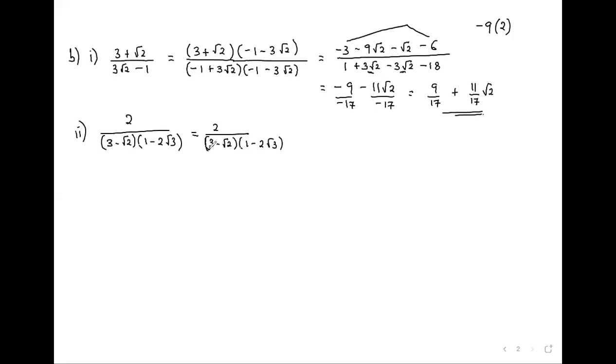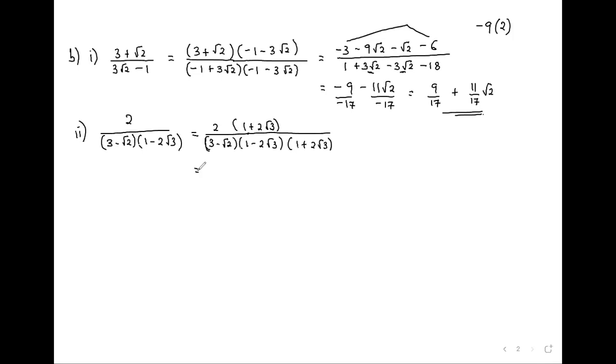And then when rationalizing, you pick 1 here. So let's start with the 1 minus 2 root 3. We'll multiply the whole thing by 1 plus 2 root 3, and also on top, we multiply by 1 plus 2 root 3.